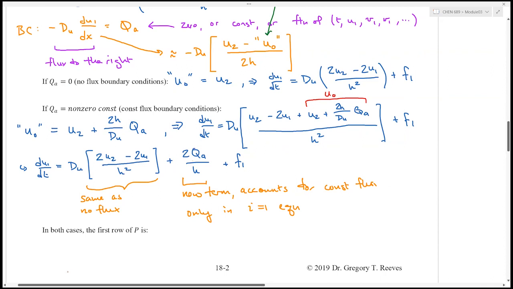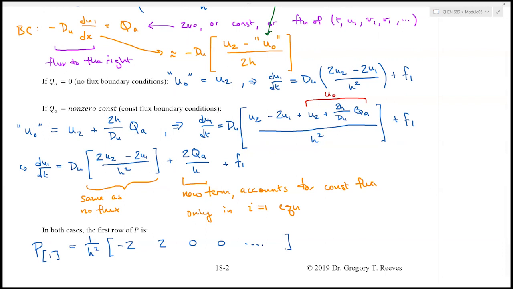Okay, so in both cases, this first row of P is equal to 1 over h squared times -2, 2, 0, 0, etc. The rest are zeros. So in both the constant flux and the no flux boundary conditions, you get the same first row.